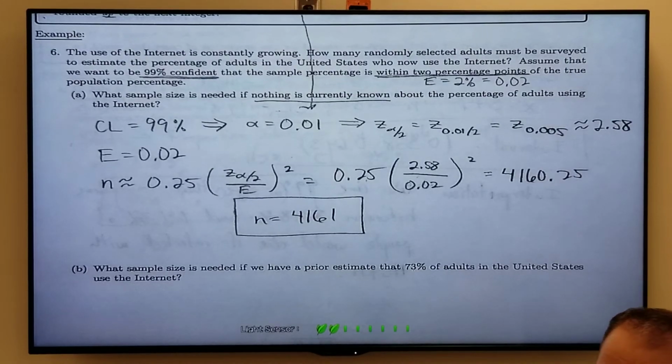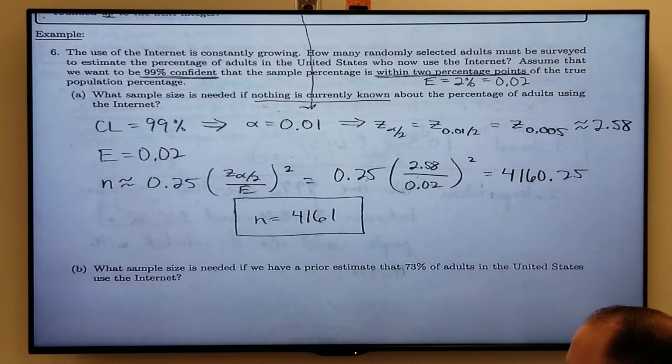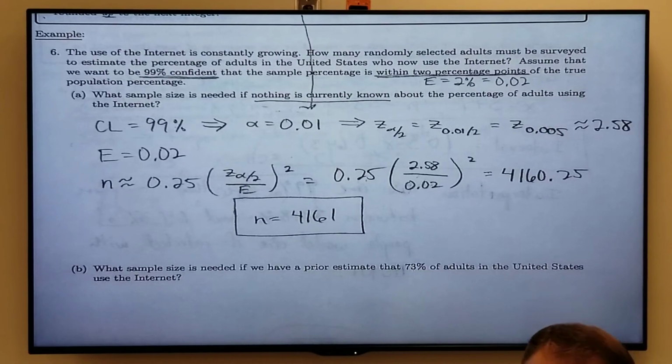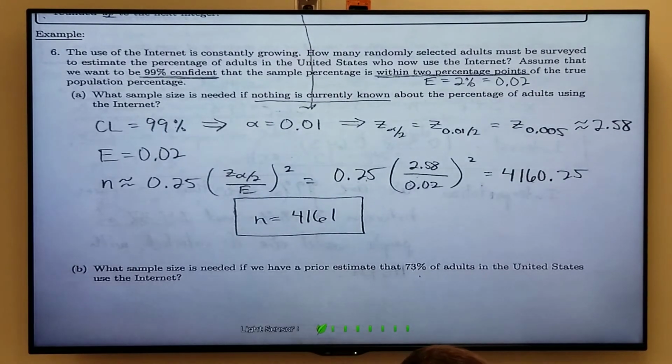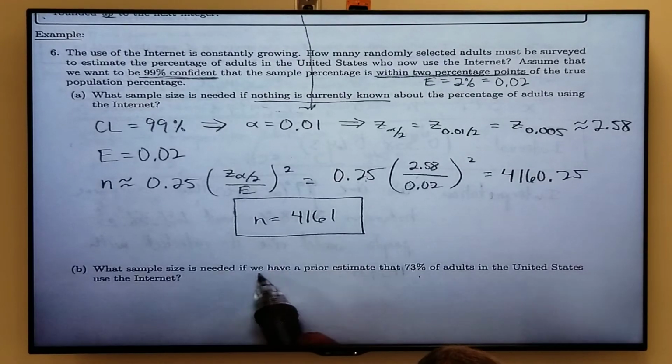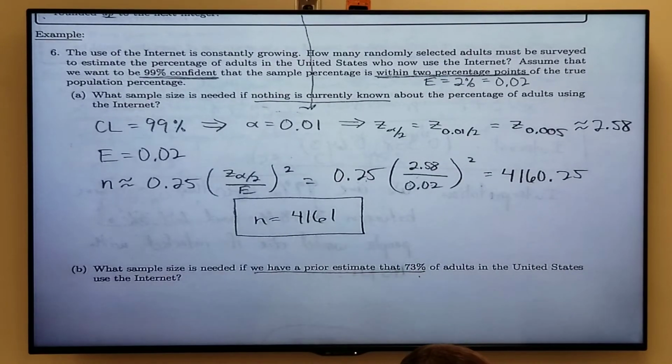Okay, that's it for part A. Now part B, on the other hand, says what sample size is needed if we have a prior estimate of 73%? So this time we have a prior estimate of 73%. Everything else is the same.